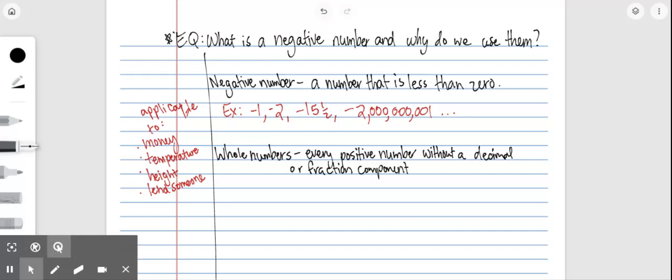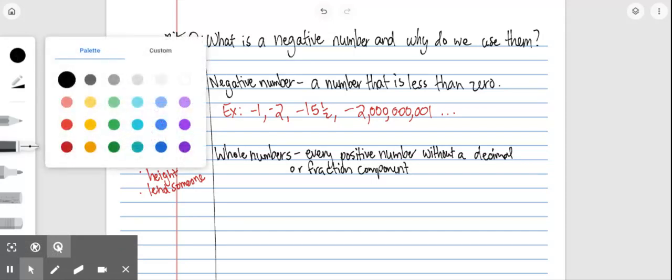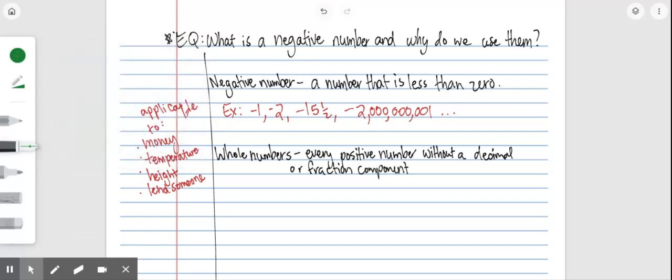It's actually every positive number without a decimal or a fraction component. So whole numbers are like when we count on our fingers. Like when we count 1, 2, 3, 4, 5, 6, etc., etc. 1, 2, 53, 476. As long as there's no decimal or fraction component, it's a whole number. Okay? That's just the special name for it, which you've heard before.